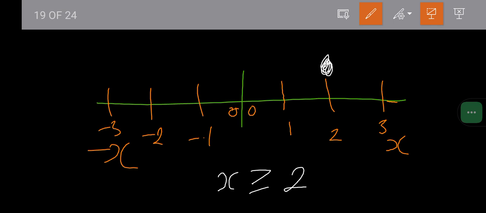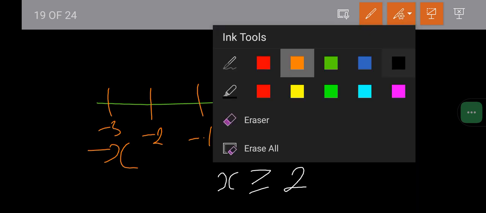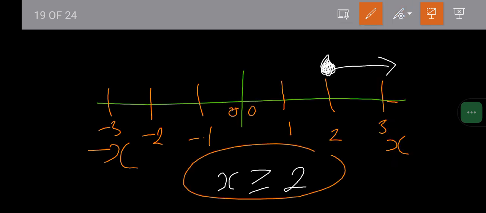You can see that it is colored. And x is moving this way. This sign you see here indicates that x is greater than 2 and it is also equal to 2. That's what this statement is talking about. That's a true statement.